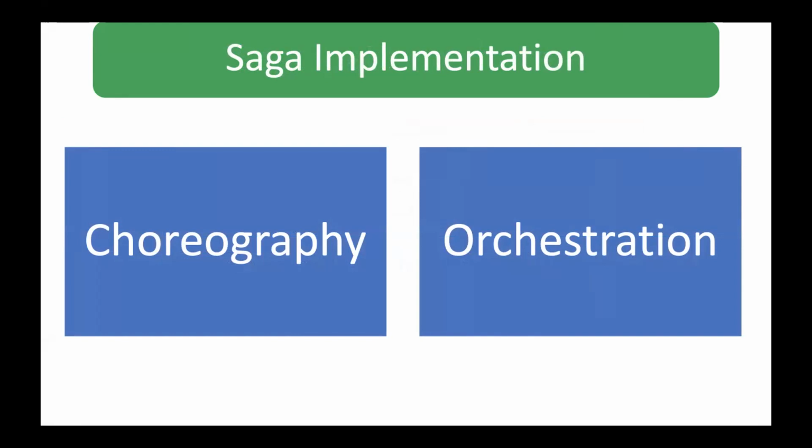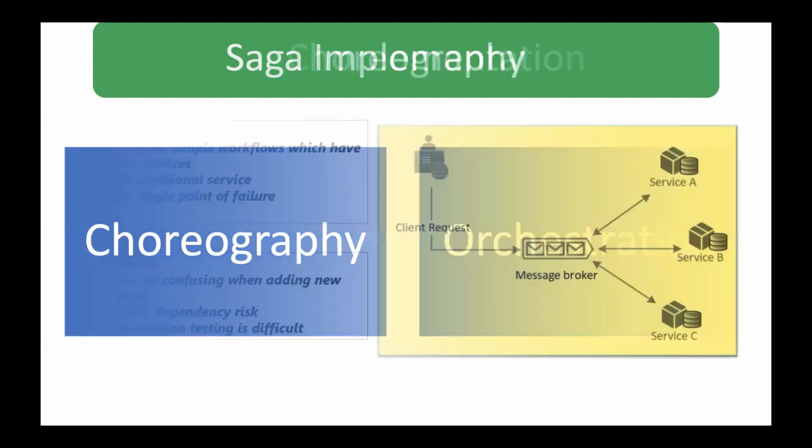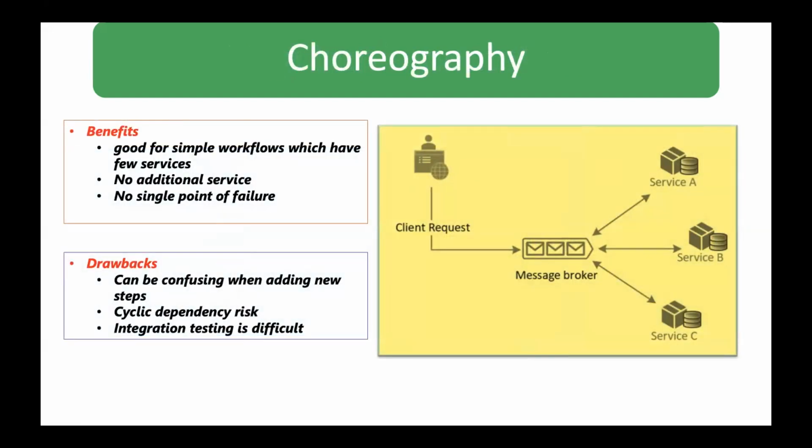When we talk about Saga implementation, we talk about choreography and orchestration. Choreography is a way in Saga to implement the idea of a distributed transaction. There is a separate message broker where every transaction, when completed, writes its message in the broker saying, hey, I am done.